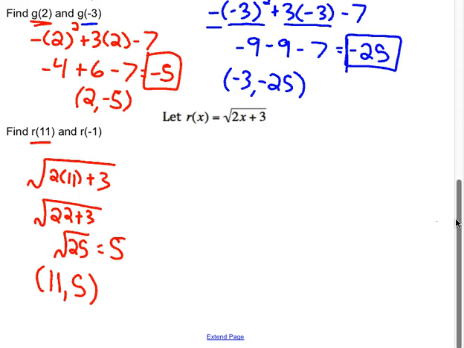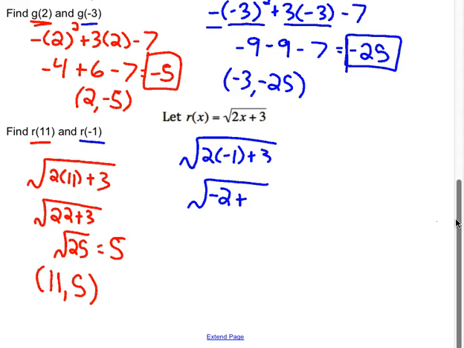When I find that 5, it means that 5 is paired with the 11. Now when I plug in -1, I just go through and evaluate this.